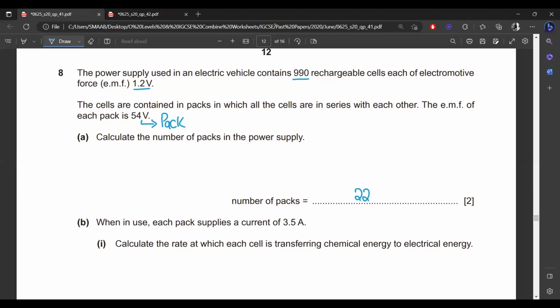So you just need to divide. We have total 54 volt and each cell is 1.2 volt, right? So 54 divided by 1.2, we will get 45.